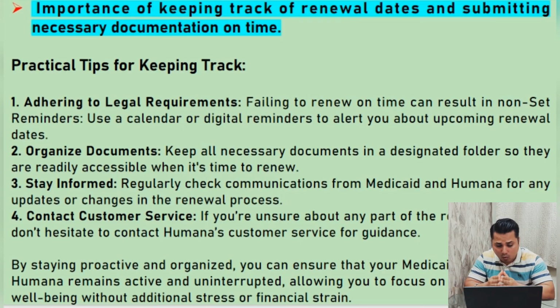By staying proactive and organized, you can ensure that your Medicaid coverage with Humana remains active and uninterrupted, allowing you to focus on your health and well being without additional stress or financial strain.